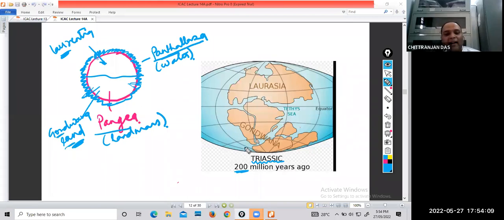What happened that after this Triassic period, these Gondwana land started moving towards the Laurentia, और Laurentia को अंगारा लैंड भी कहते हैं, अंगारा लैंड.